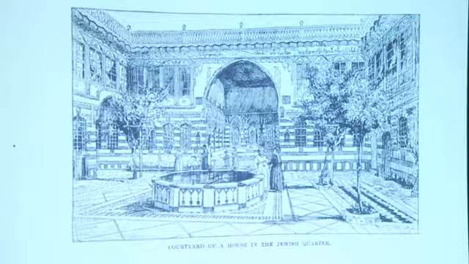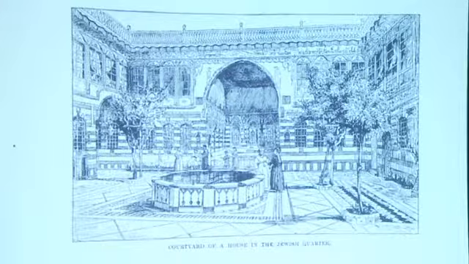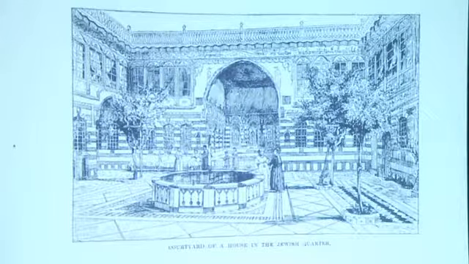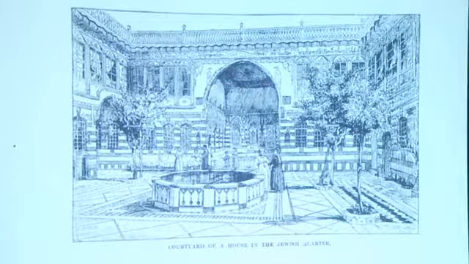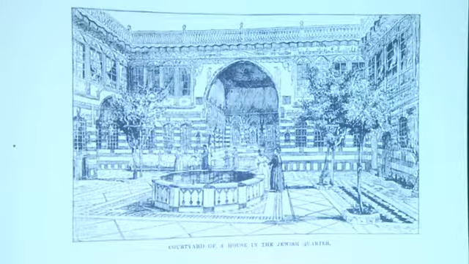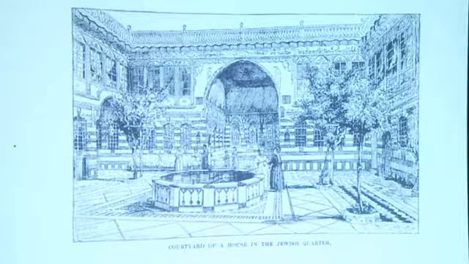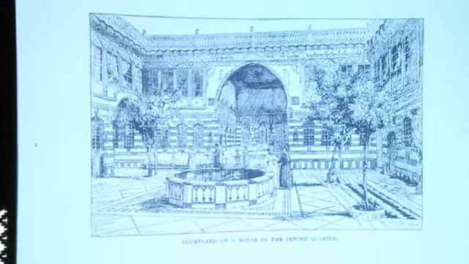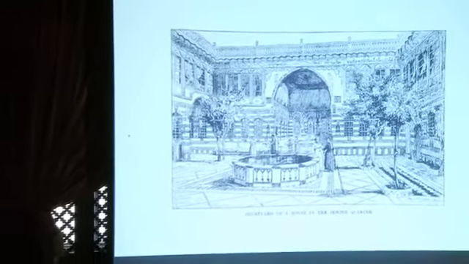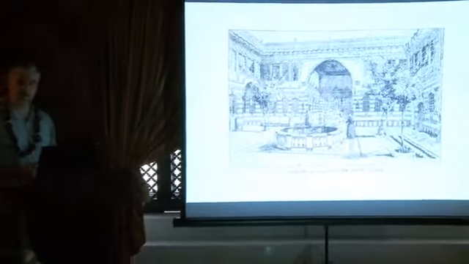So we can talk about courtyards, but there are still going to be, of course, big differences across the social spectrum. Now, with a wealthy home like this, a 19th century drawing done by a British traveler who was invited into one of the homes and was very much taken with it.